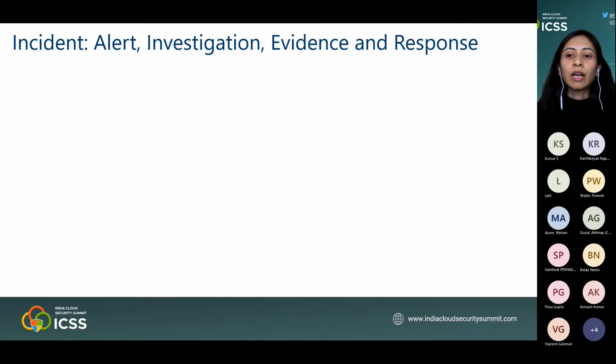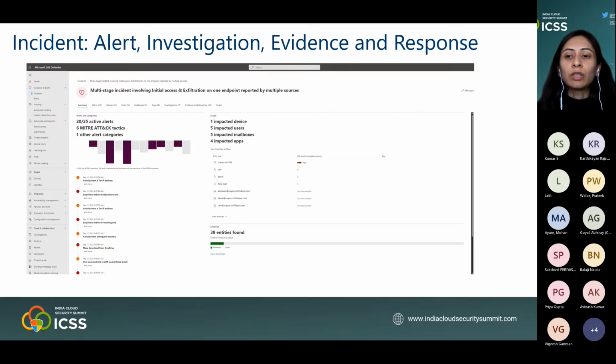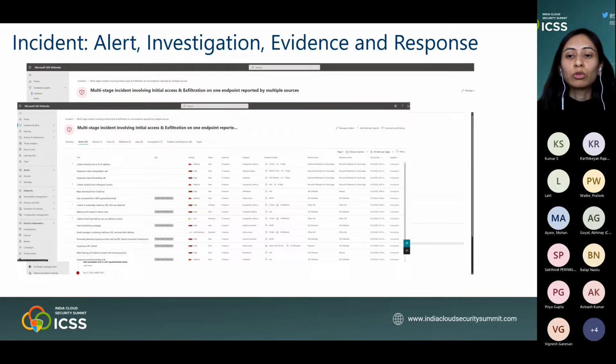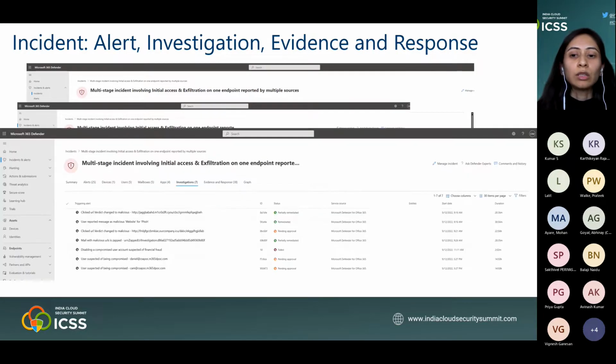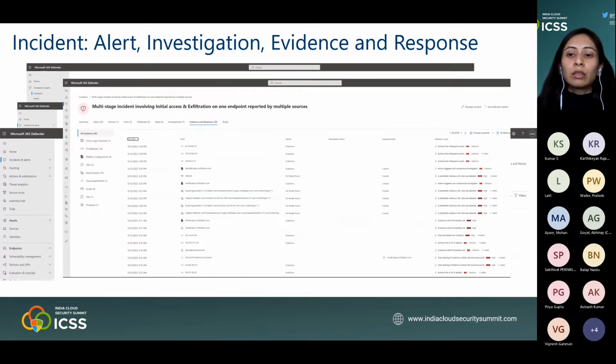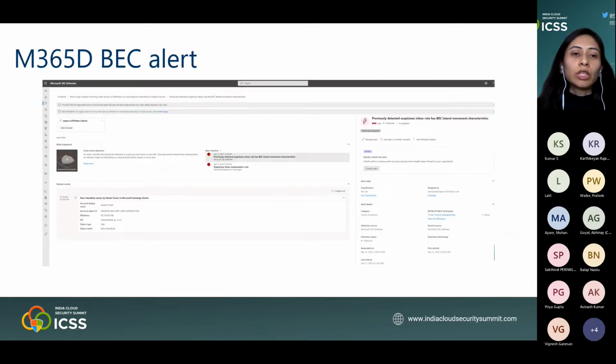Then all of this nicely ties into an integrated view of an incident with investigations and evidences and response, showing the emails of the alerts in this incident that are firing and giving you more information. Also on the side pane, there is a deep link to the MDO email entity page, and that shows you again more details.